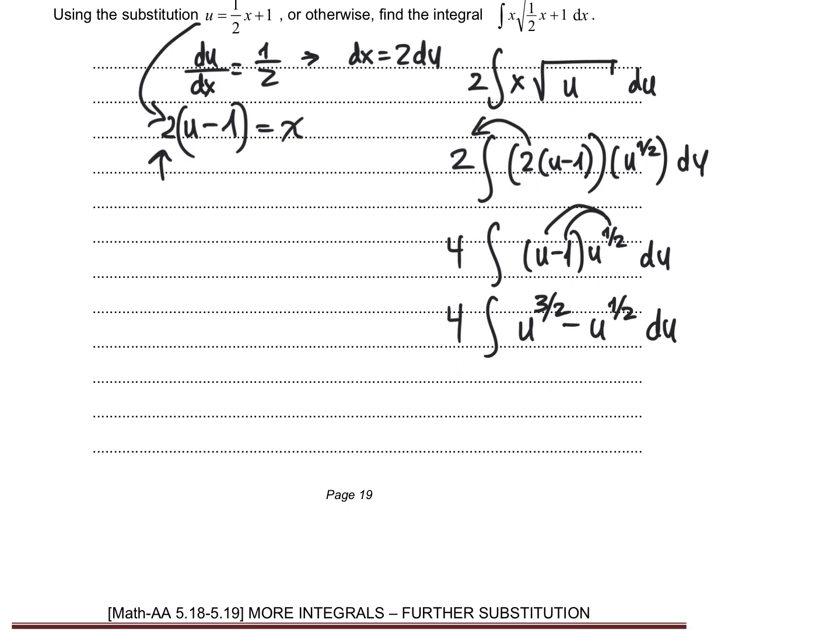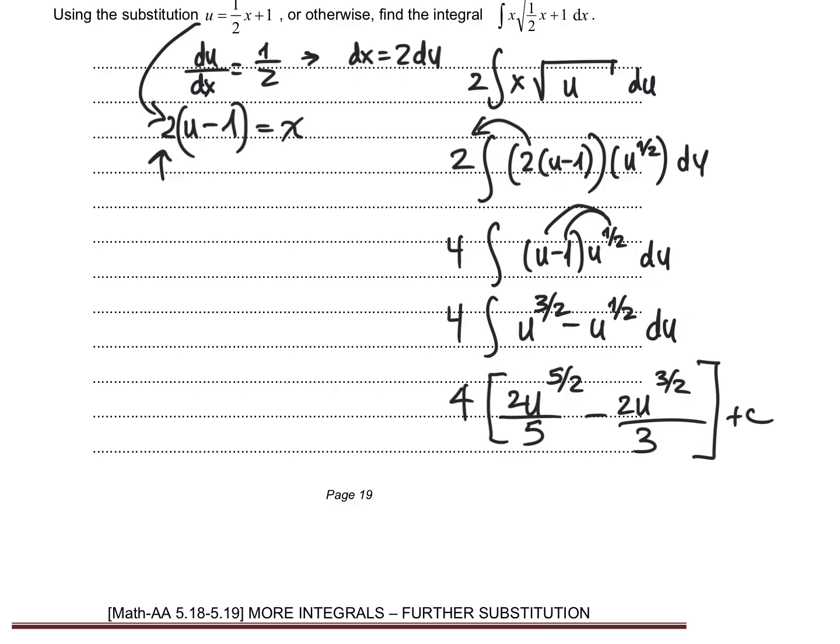And then it's just power rule. You add 1, so u to the 5/2 over 5/2, which is 2/5. Minus, plus 1 is u to the 3/2 over 3/2, which is 2/3, plus c.